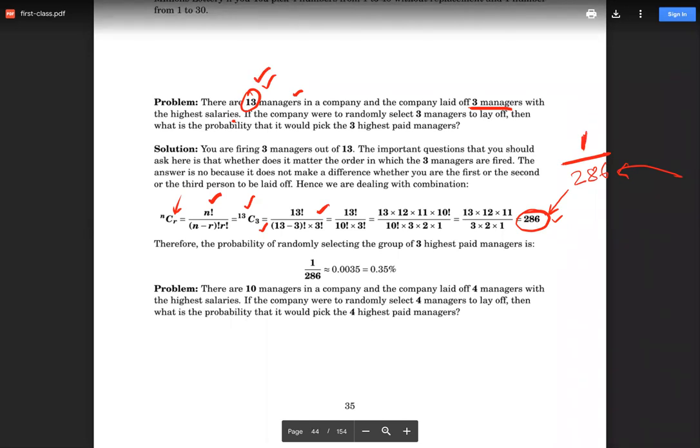Only one group has the top earning 3 managers. So the chance of picking that particular one is 1 out of 286, which is about 0.35%, or 1/3%. That's a pretty small probability. So my guess is that the company probably discriminated, okay?